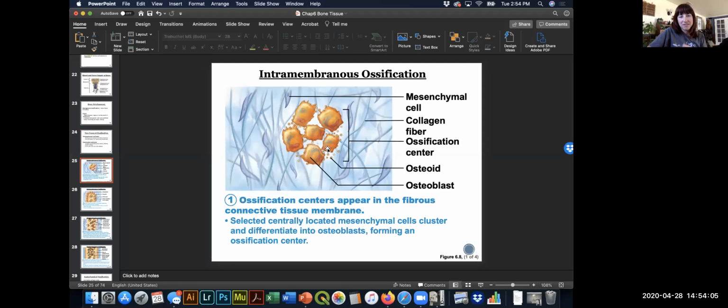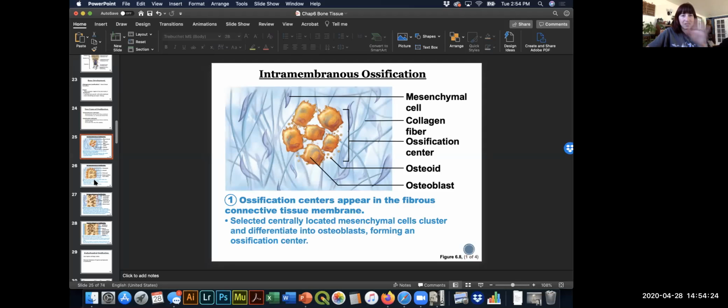Somewhere in the middle of that mesenchyme, some of these mesenchyme cells are going to be told, okay, you're going to be a bone cell. And so they turn into osteoprogenitors, and then eventually they turn into osteoblasts, and then they start making bone. That just happens in the flat bones of the fetus.